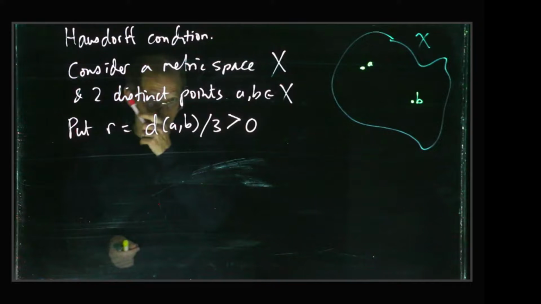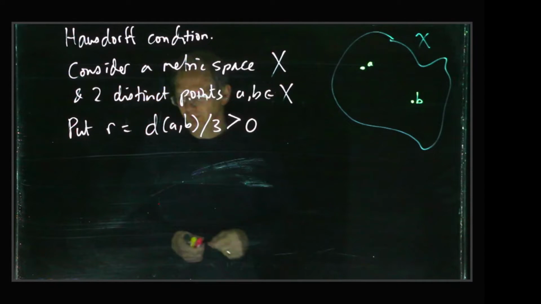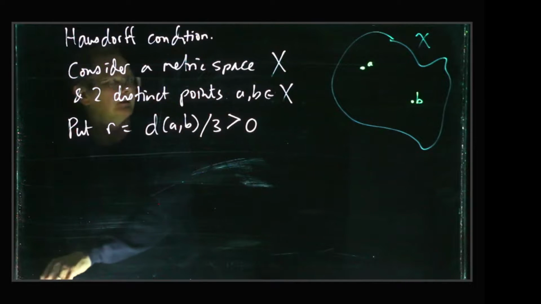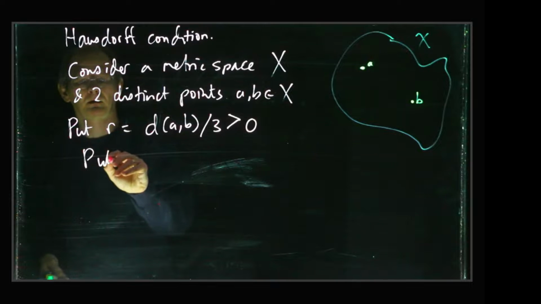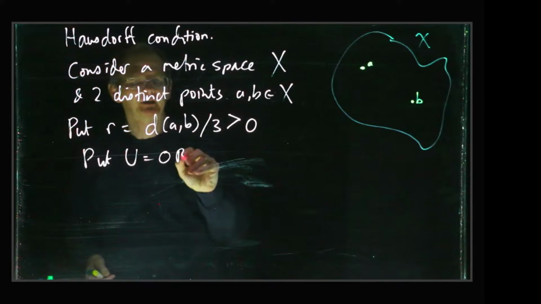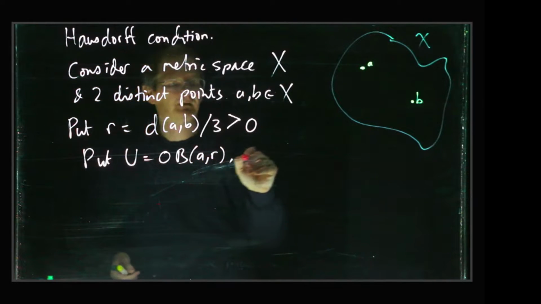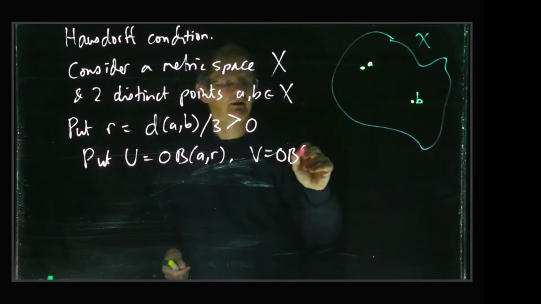It's strictly positive. We said these are distinct points. And then U is the open ball around A of radius R, and V is the open ball around B of radius R.